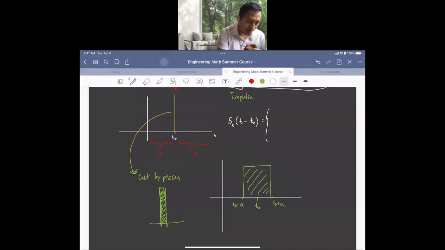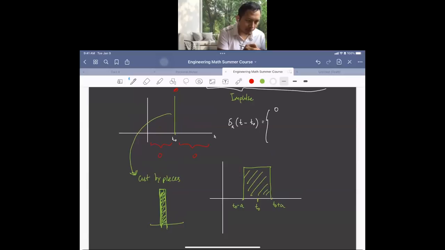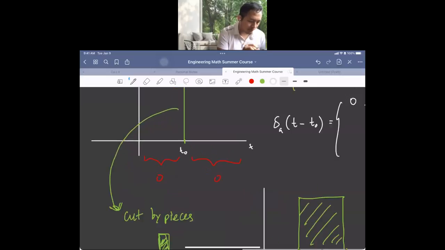Let me write the definition first. It is 0 up to t0 minus a.